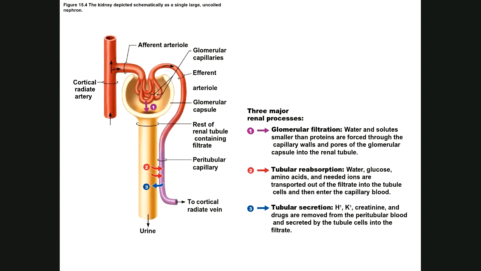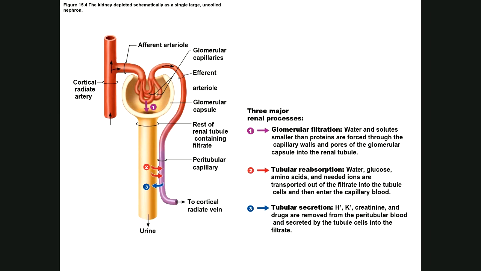Filtration is not the only process that happens in the formation of urine. So if the question comes, whatever is filtered from the glomerulus, is it equal to urine? The answer is no. Urine is very different from what is filtered in the glomerulus, because there are still a lot of modifications that will be happening. One of the modifications is some reabsorption.